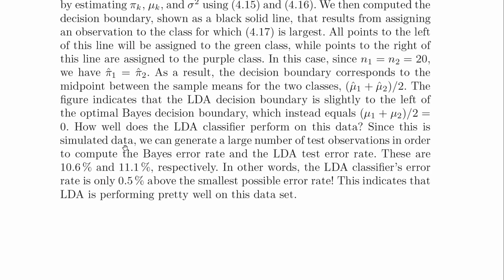Since this is simulated data, we can generate a large number of test observations in order to compute the Bayes error rate and the LDA test error rate. These are 10.6% and 11.1% respectively. In other words, the LDA classifier's error is only 0.5% above the smallest possible error rate. This indicates that LDA is performing pretty well on this dataset.